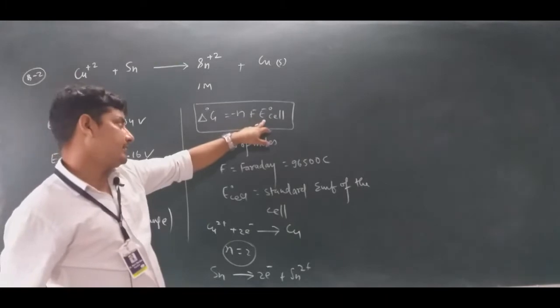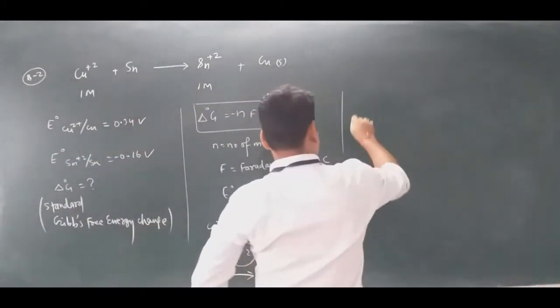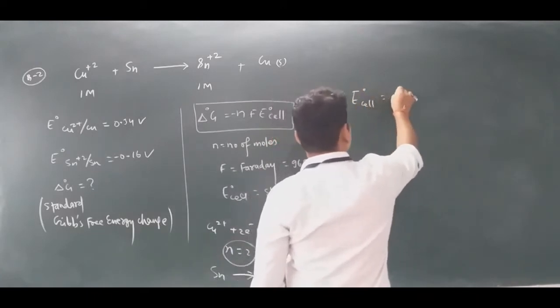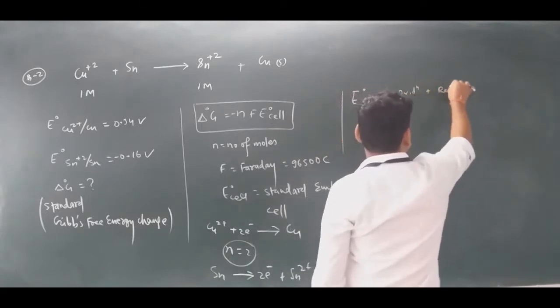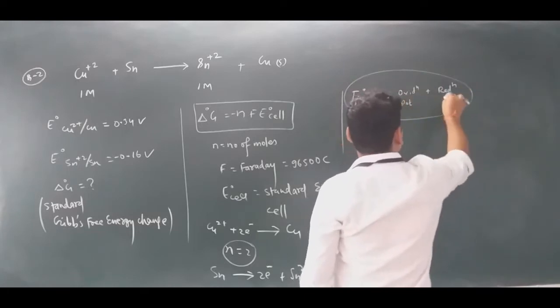What we need to calculate here is the standard EMF of the cell. How to calculate it? Standard EMF of the cell is standard oxidation potential plus standard reduction potential. Very simple.